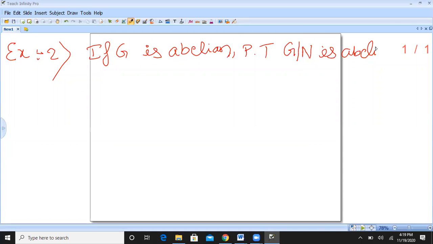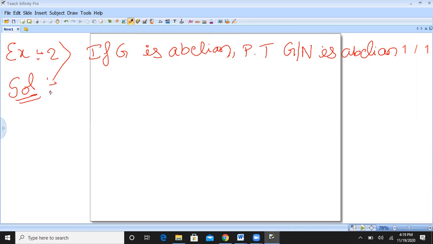So example number 2: if G is abelian, then prove that G by N is abelian. This is question number 2, and we'll solve it here.